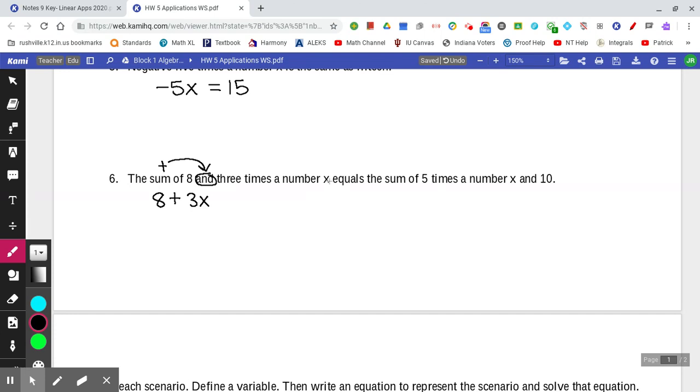So 3 times the number x equals the sum, which is also a plus, but that doesn't go until we see the word "and." Next is 5 times the number x, which is just 5x, and then the addition sign, 10.